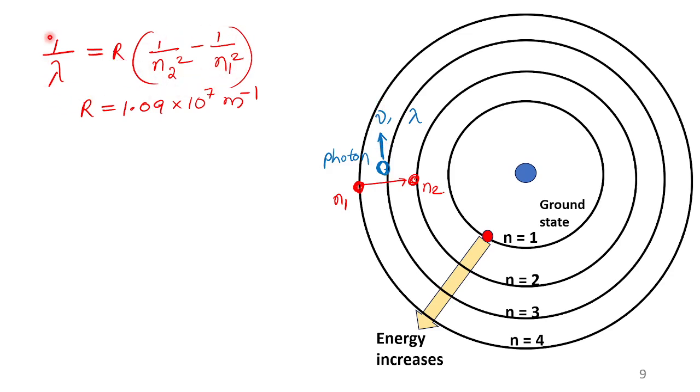You need to memorize this formula. Read it again and again and you will learn it ultimately. R is a constant, 1.09 into 10 raised to 7. Please read it.